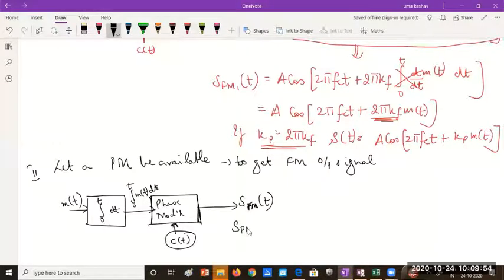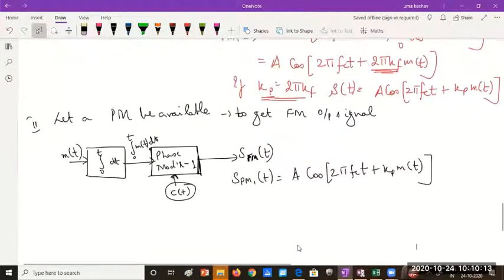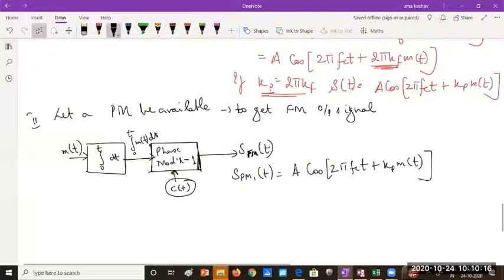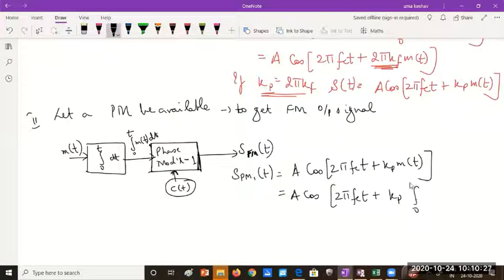The output of this phase modulator is the general equation for a phase modulated signal, A cos 2 pi fct plus Kp into m of t. This is the standard expression. Now, I just have to replace it with whatever message I have considered: A cos 2 pi fct plus Kp into the integral of the message, integral m of t dt.